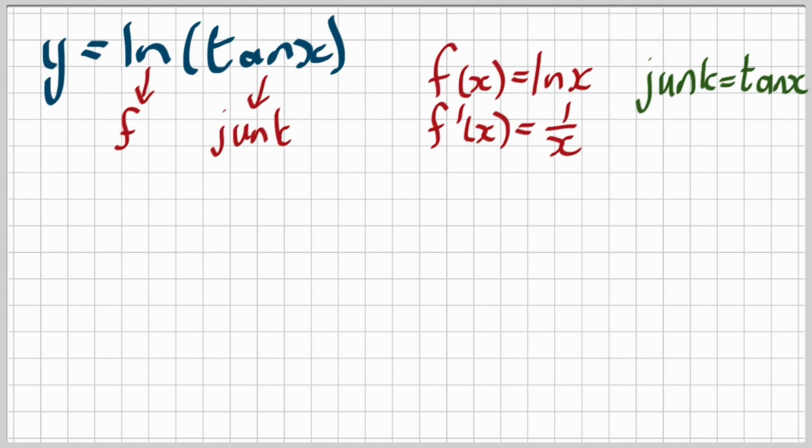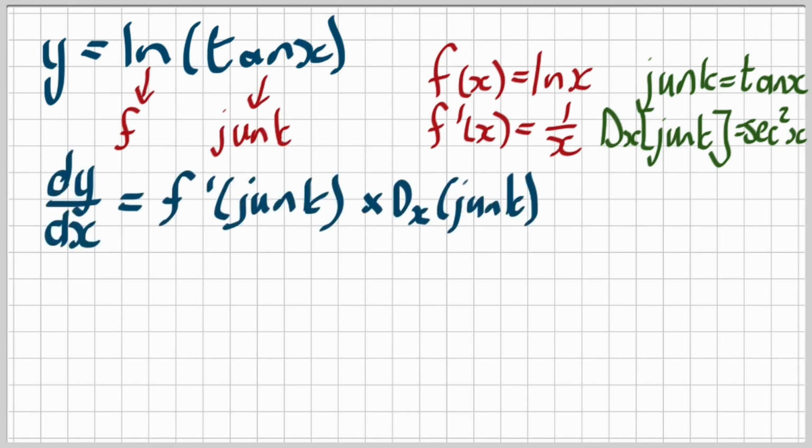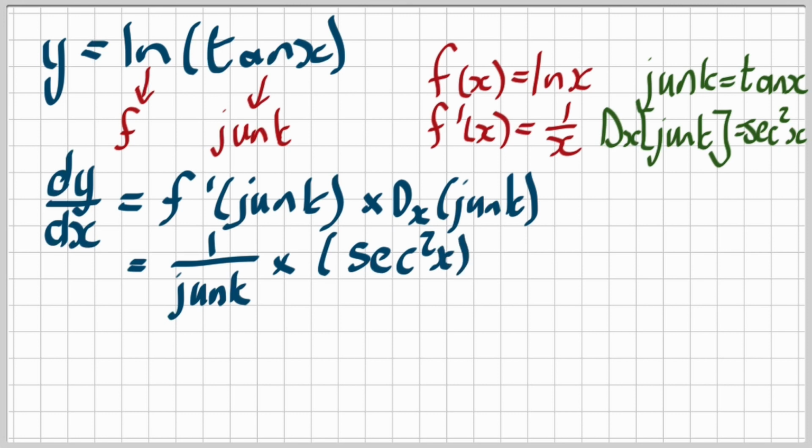Then, if I take my junk as being tan x, the derivative of junk, well, that's sec squared of x. So writing out my rule, dy over dx, the derivative of f is going to be 1 over junk, because I'm placing junk into x, multiplied by sec squared x. But what is junk? I can't write junk for the examiner.